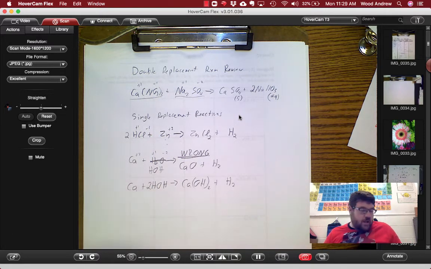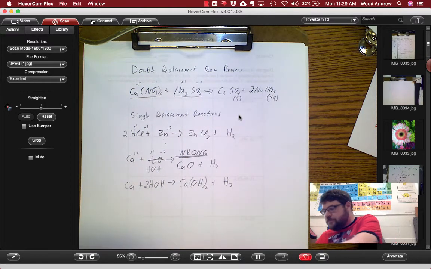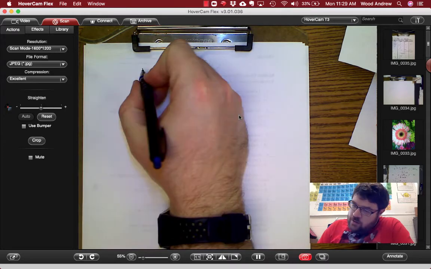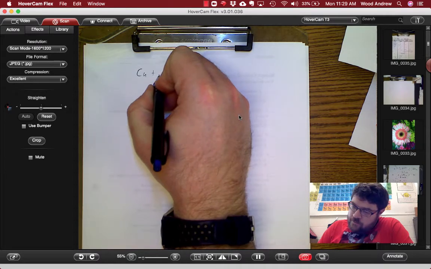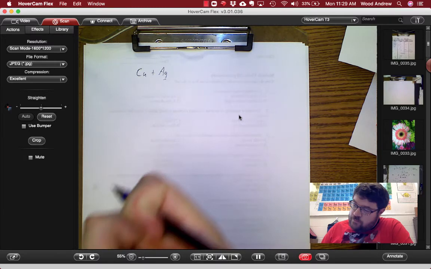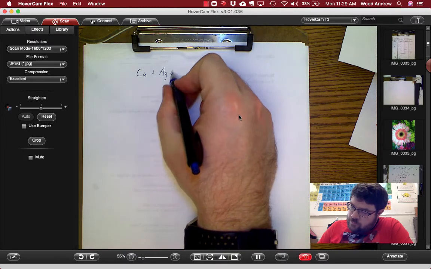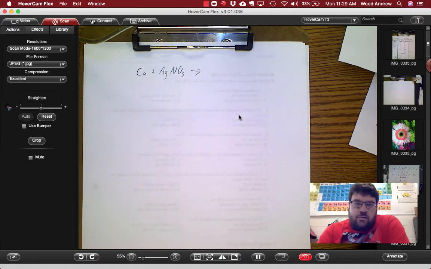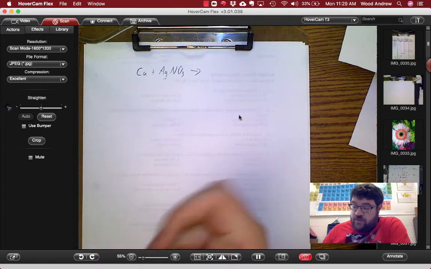All right. Other examples or other problems which you might still come across. Copper plus silver nitrate. Again, easy enough on the surface, right?